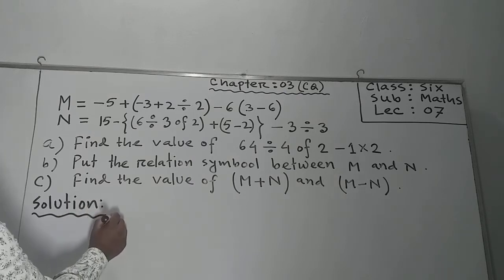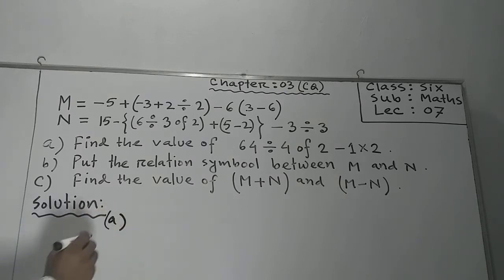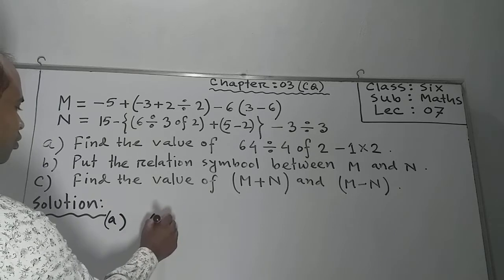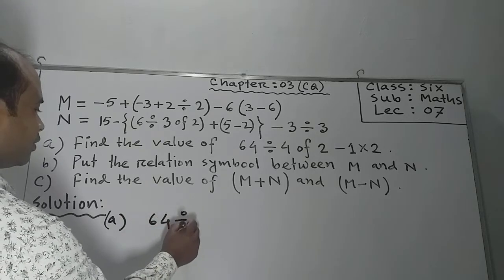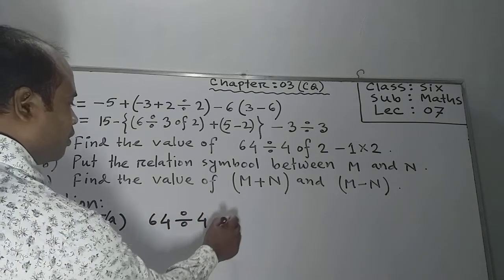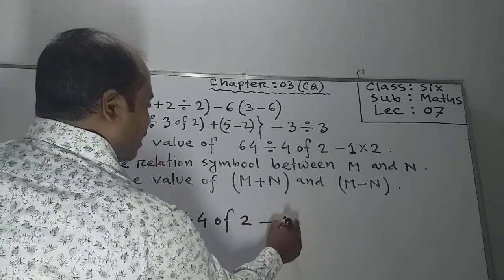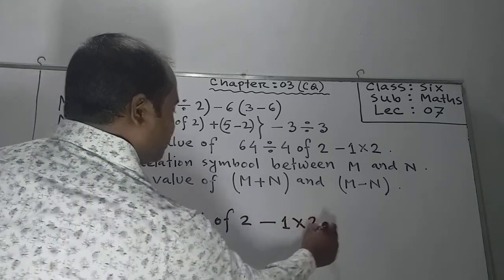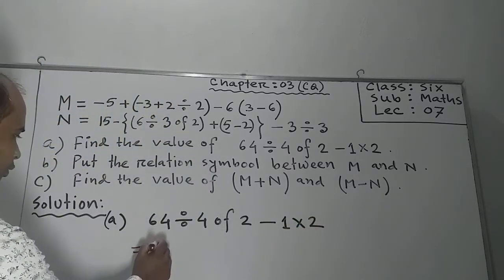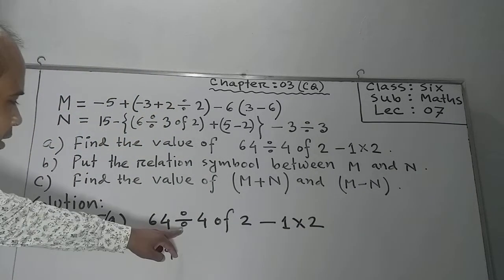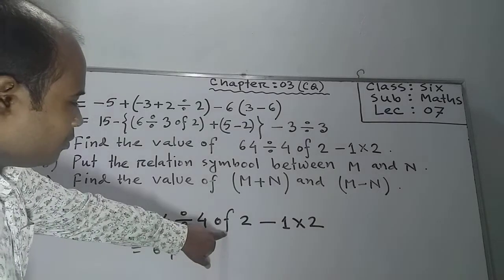Solution A. 64 divided by 4 of 2 minus 1 multiplied by 2. Here we have a division symbol and an "of" symbol.